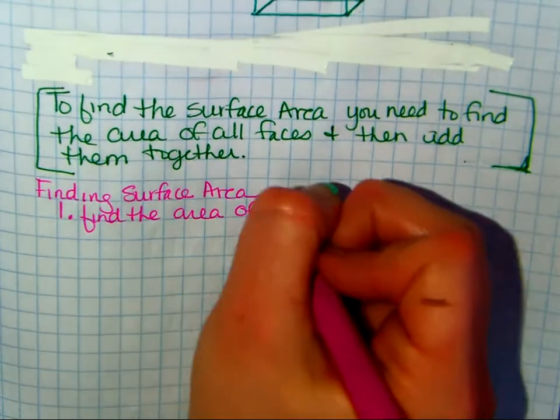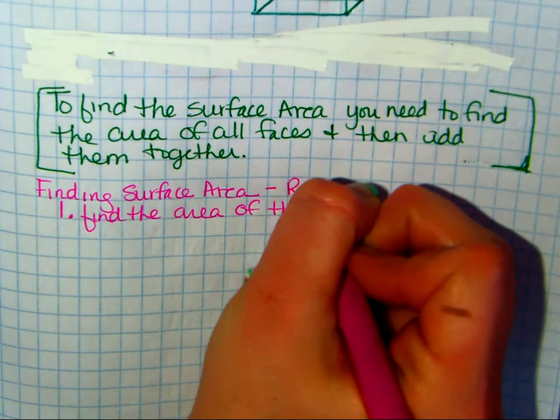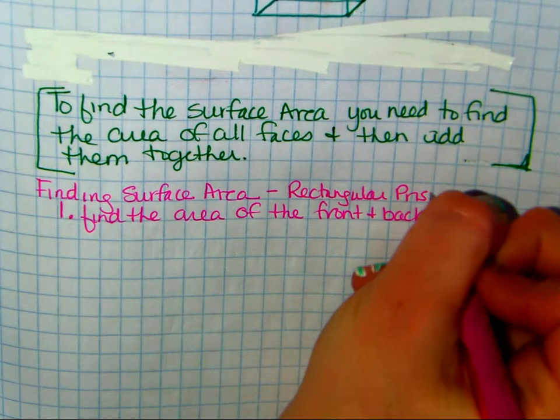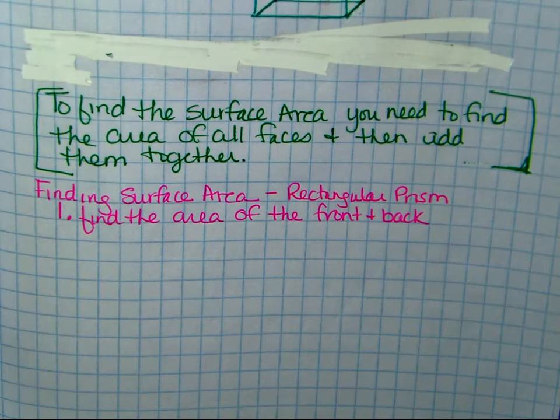And this is finding the surface area of a rectangular prism. So you're going to find the front and the back.